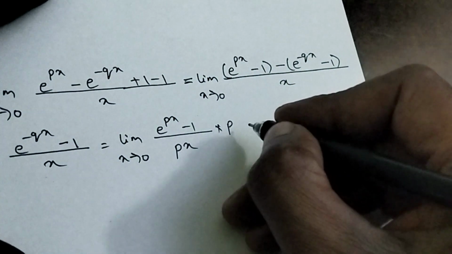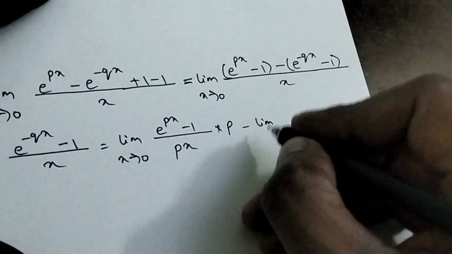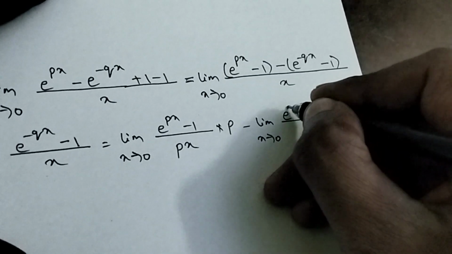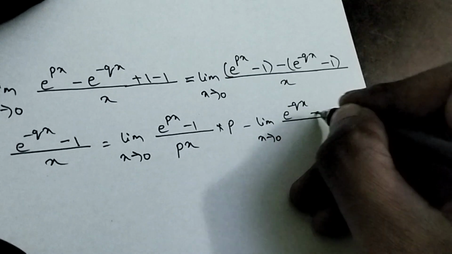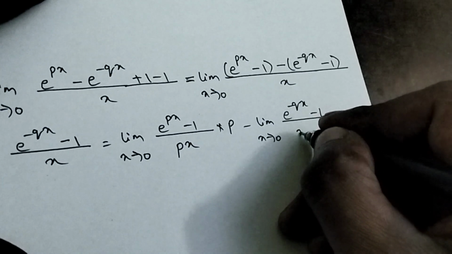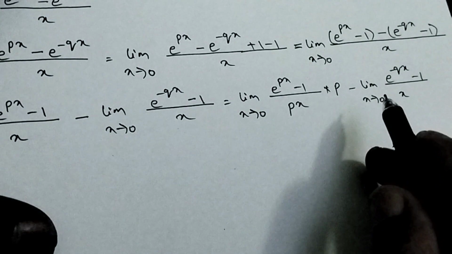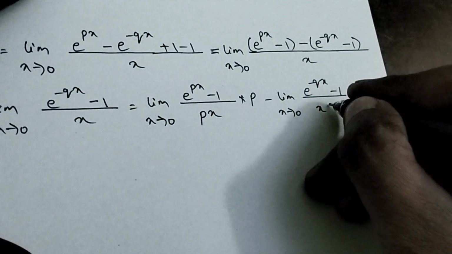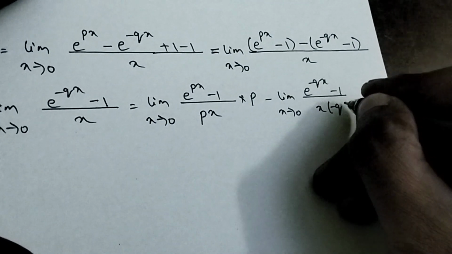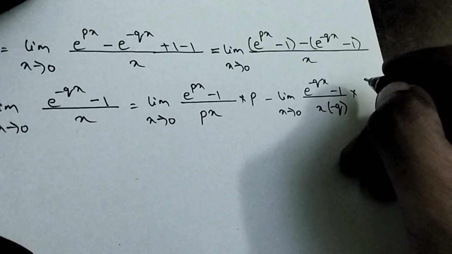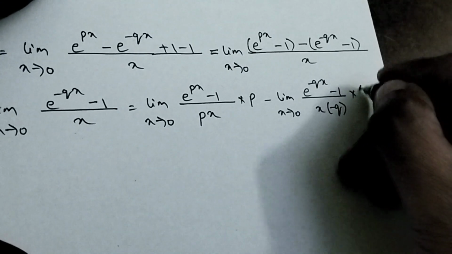So minus limit x tends to 0, e to the power minus qx minus 1 by x. Now we will multiply the denominator also by minus q and the numerator also by minus q.